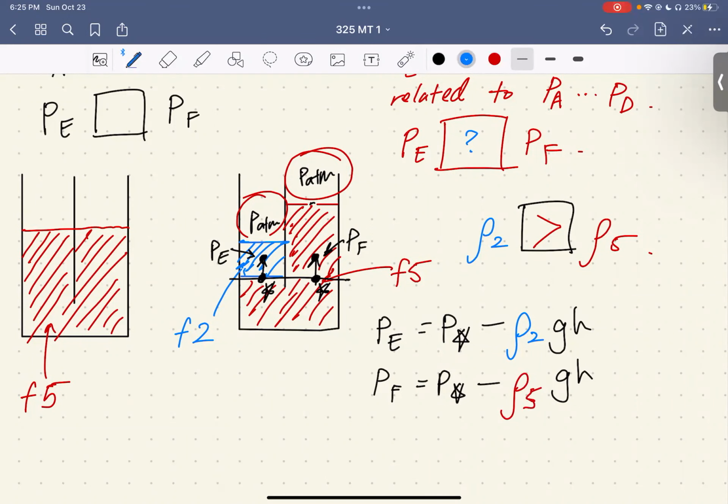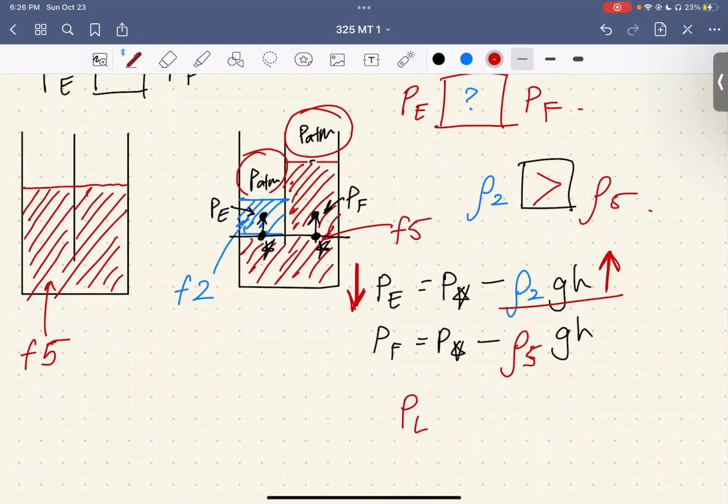We said rho 2 is greater than rho 5, so this term is going to be bigger. That means the pressure at point E is going to be smaller. So pressure E is less than pressure F at this specific point, point number one.